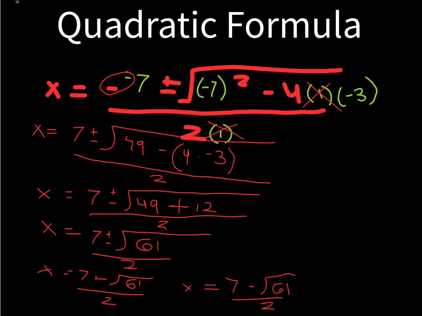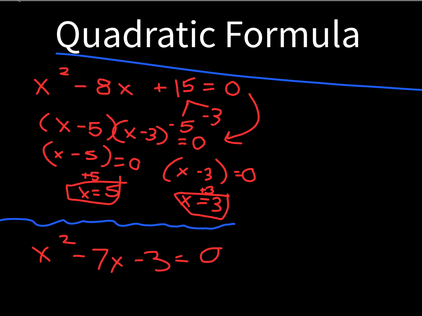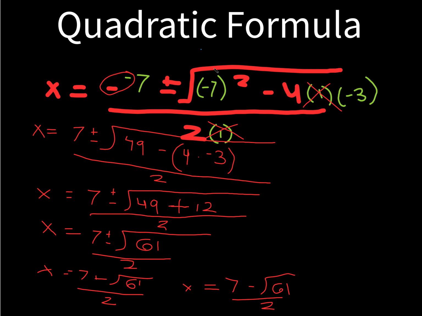And instead of having our answers given to us as nicely as they were here originally, x equals 5 and x equals 3, we have a new case of answers in which they're in a new form. There's a fraction and a square root in them, but don't let that fool you. These both will be our final answers.